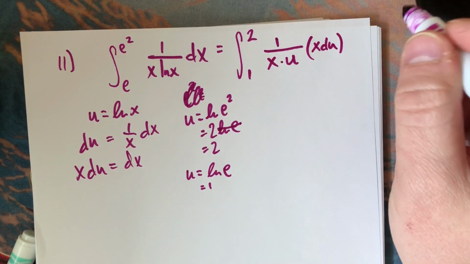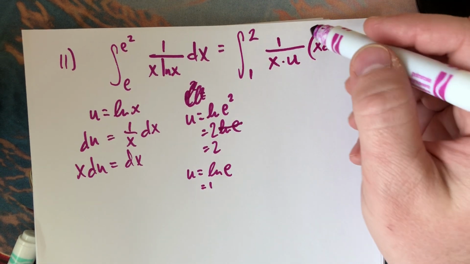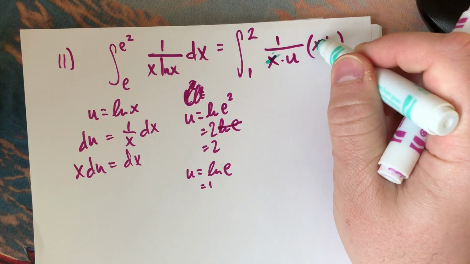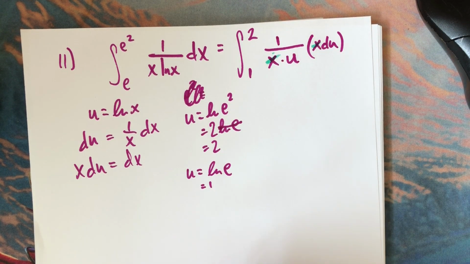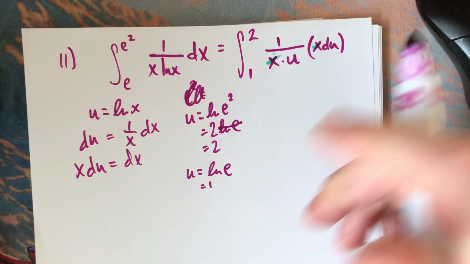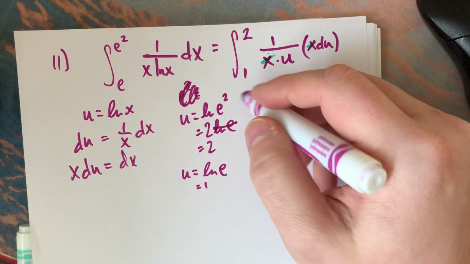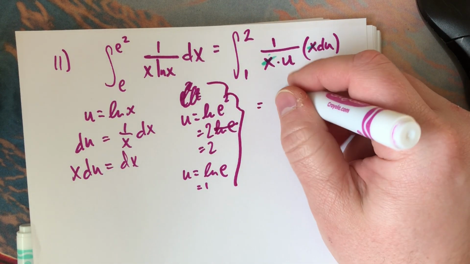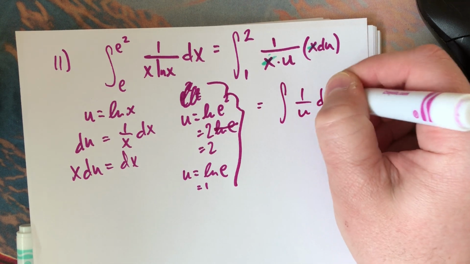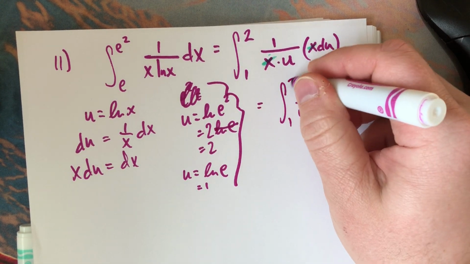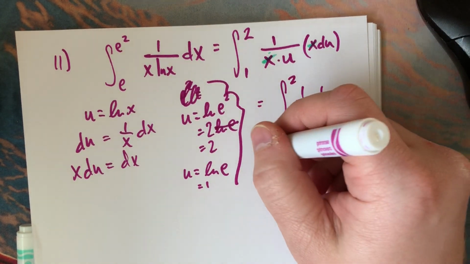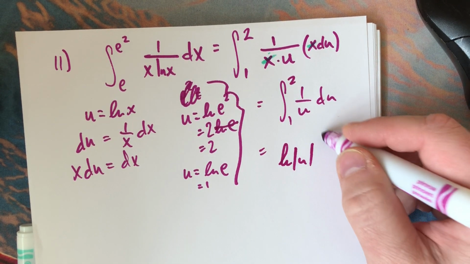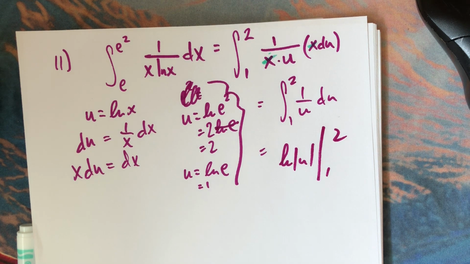So I said my u substitution. Hey, cool. X is canceled. That's great. I got du over u. So we got 1 over u du, or du over u. And so then we'll get absolute value, or ln, absolute value of u from 1 to 2.